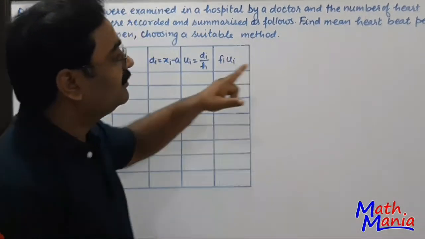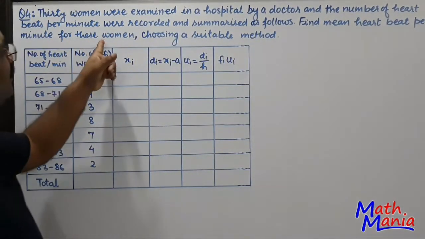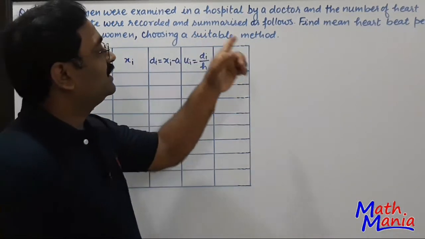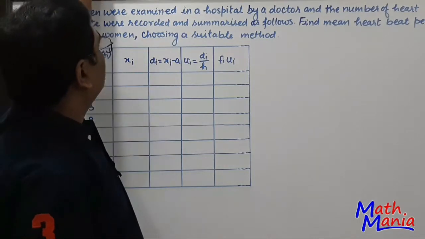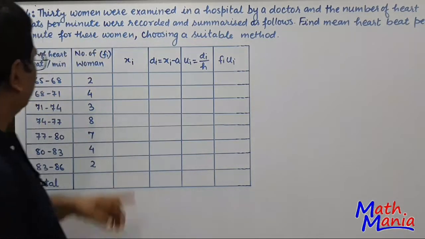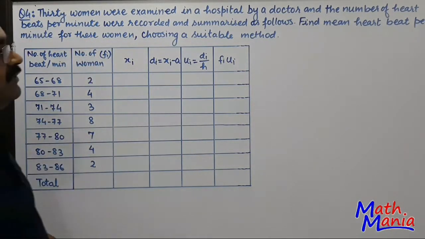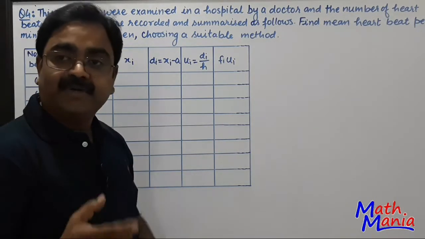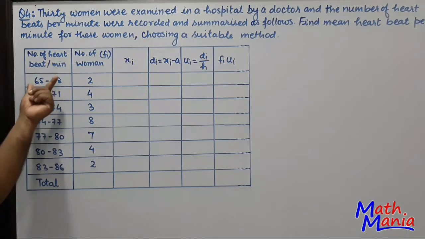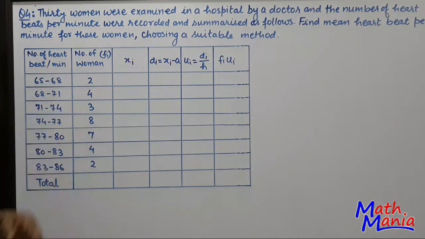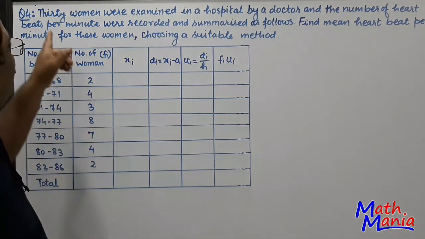Find the mean heartbeat per minute for those women by choosing a suitable method. These were the data recorded after examining the women. First is the number of heartbeats per minute and second is the number of women. There were a total of 30 women.